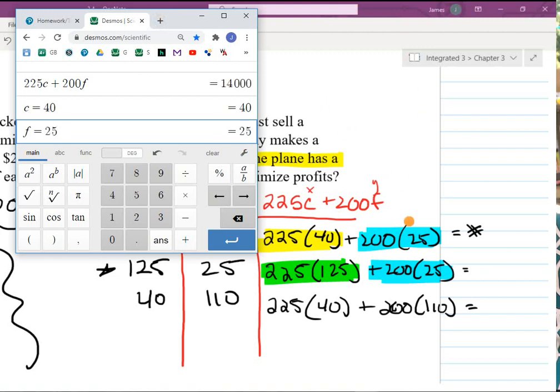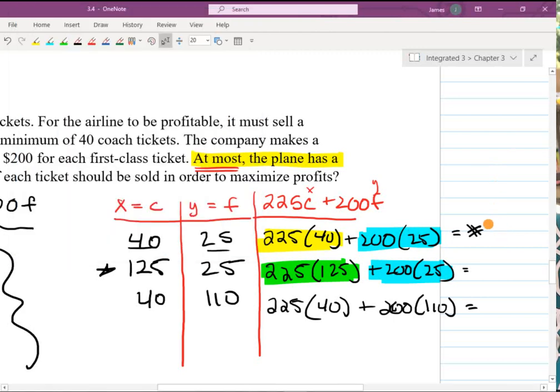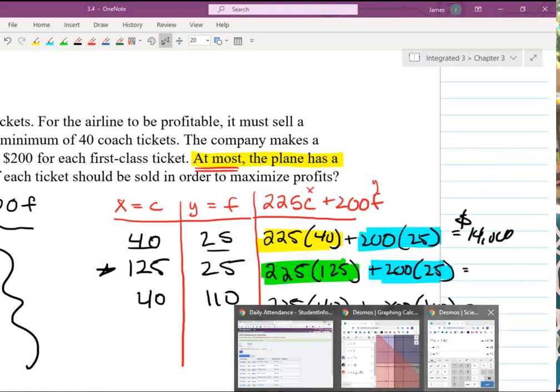And it will automatically do this calculation right there. That was when C was 40 and F was 25, and it gives me $14,000. So this is $14,000 that is made when I sell that combination of tickets.